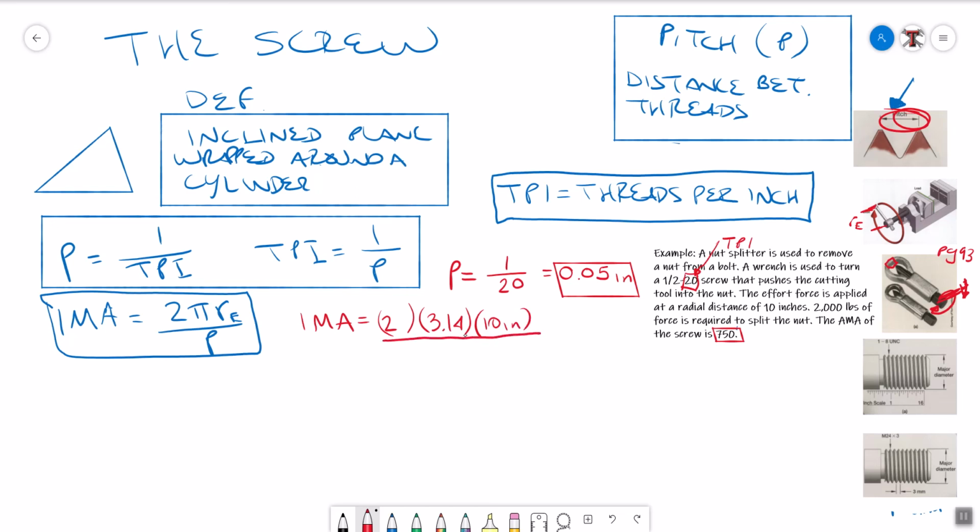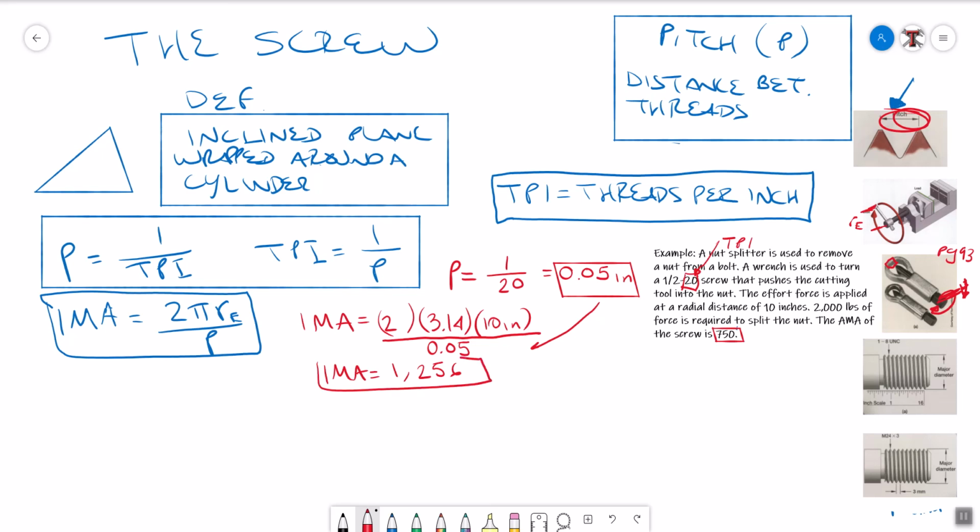All right, and we go ahead and divide that by P. Well, what's P? We already had 0.05 that we figured out. So that goes in here, and that's going to be 0.05. And you go ahead and calculate that out, giving you an IMA of 1,256.